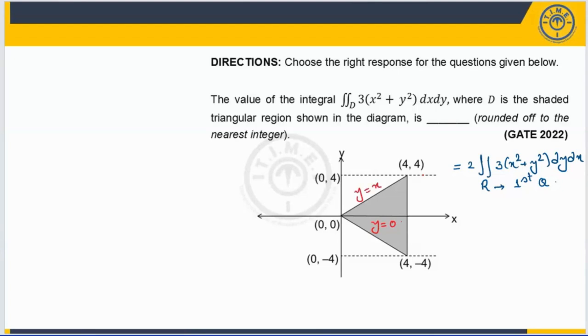So y is varying from 0 to x. And how is x varying? x is varying from 0 to 4. Right? So then the value of the integral is 6 times the integral from 0 to 4, 0 to x, of x square plus y square dy dx. That's it. And you have to integrate this.